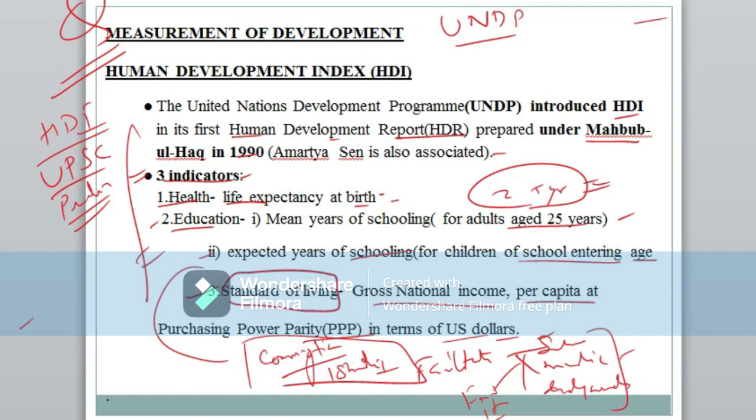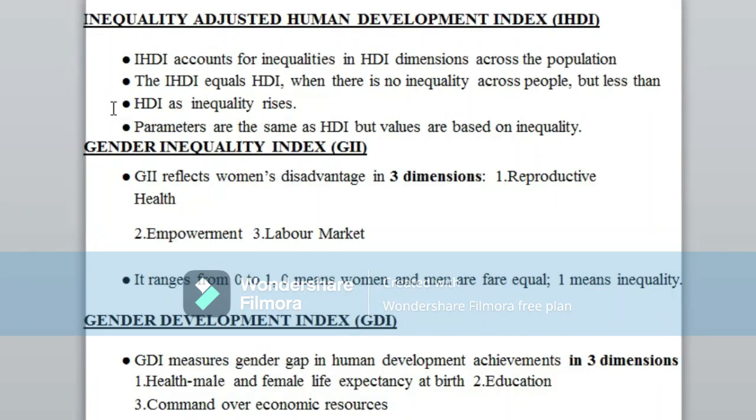Now the next thing we see is the inequality adjusted human development index. So what are inequalities, friends? Inequalities are present at various levels. Inequality in purchasing, inequality in salary, inequality in education, social standards, status, and poverty, inequality in gender, inequality in age, inequality in science and technology.